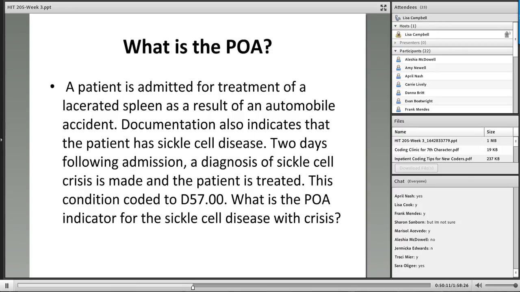Some of you are saying yes, no, I'm not sure. So, let's look at a guideline. The guideline that I'm going to look at is on page 108 in the big packet. The title is combination code. If you're looking in your physical coding manual, find the guidelines for combination codes.